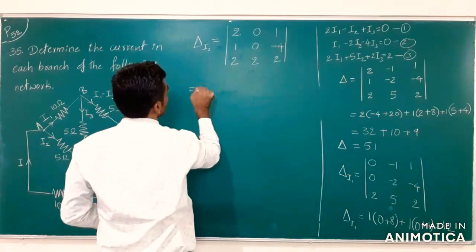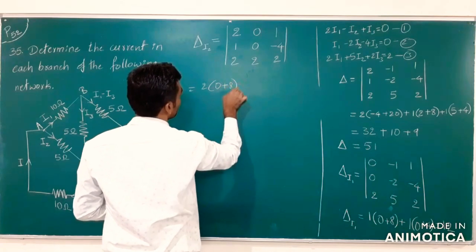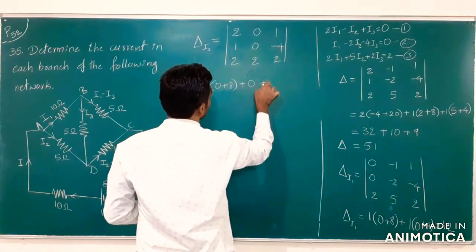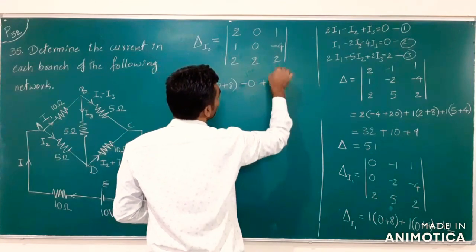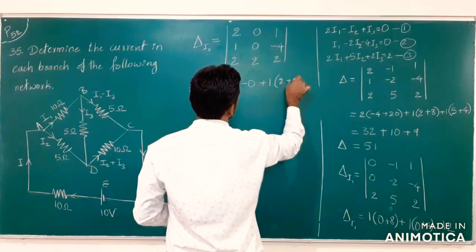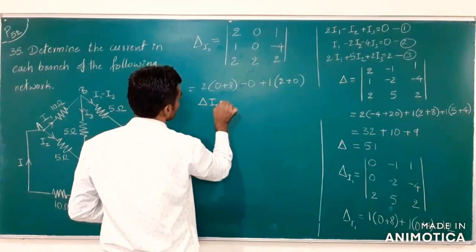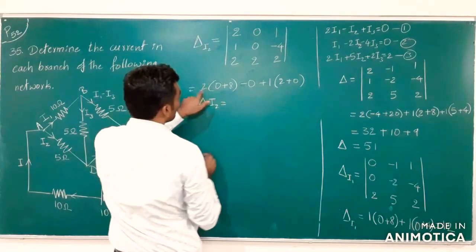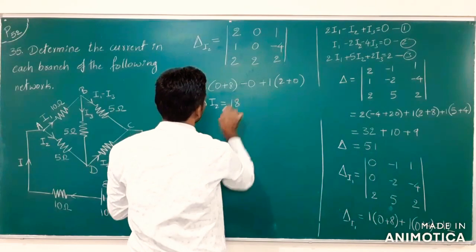So what is delta I2? 2 into 0 plus 8 plus 0 plus 1, it's actually minus 0, doesn't matter, 1 into 2 plus 0. So delta I2 is equal to 16 plus 2, 18.